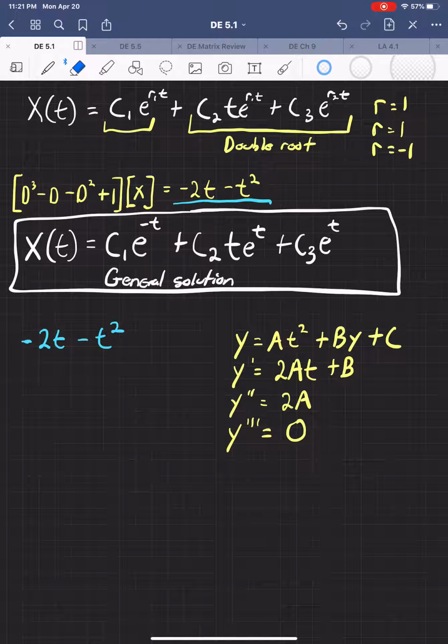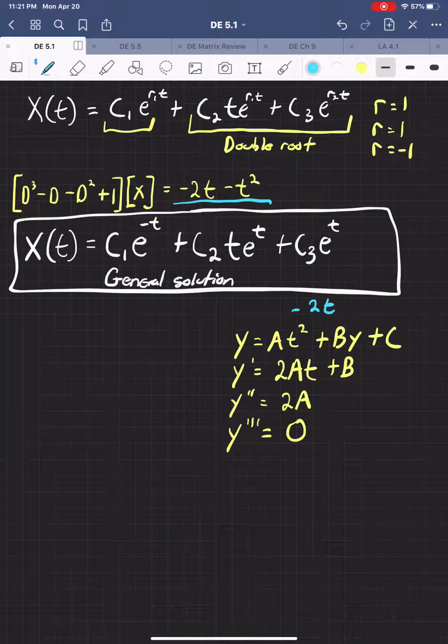Okay, so let me now go ahead and bring back what I had just a second ago. So this would be the setup for looking at the right-hand side of the equation, negative 2t minus t squared. But then you know what happens. Now we actually have to plug it into something, right? So at this stage, I want to bring back in the y notation that I had written and then erased.